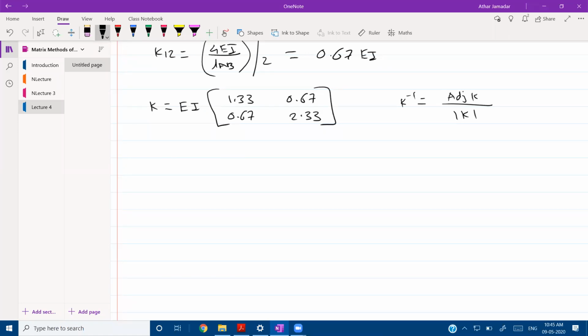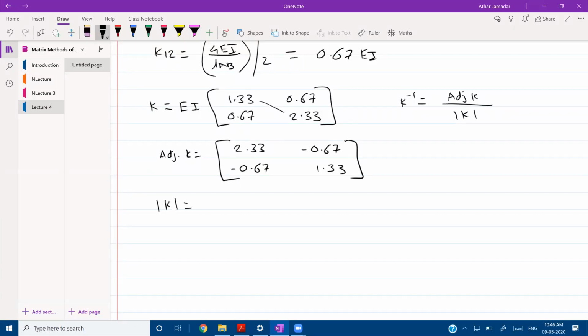Luckily this matrix is only a 2 by 2 matrix. So what we have to do for the adjoint of K is just interchange the first diagonal elements with each other, and change the sign of the remaining other diagonal elements. And how to find the determinant of K now?